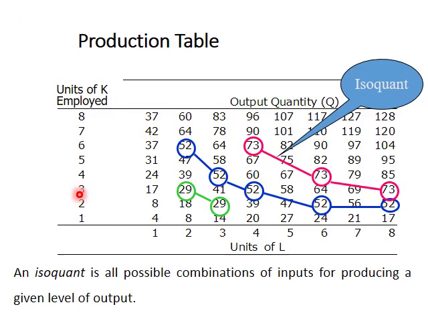And when we combine 3K with 8L, we get 73. So this line is an isoquant curve. An isoquant curve shows different combinations of the inputs that provide the same output. This is what we call an isoquant curve.